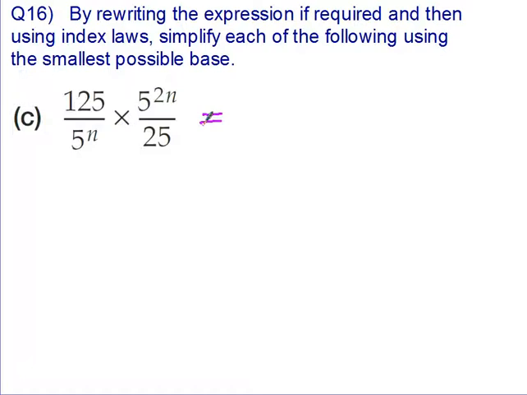Okay, in this case, we need to turn each of those terms, each of those factors, I guess I should say, into a power of 5.